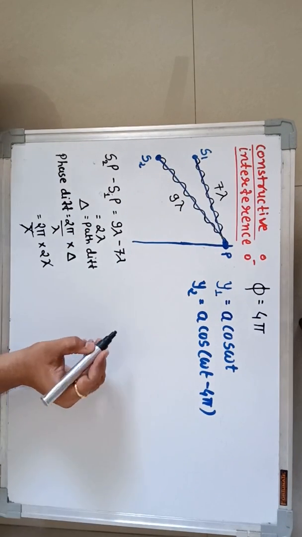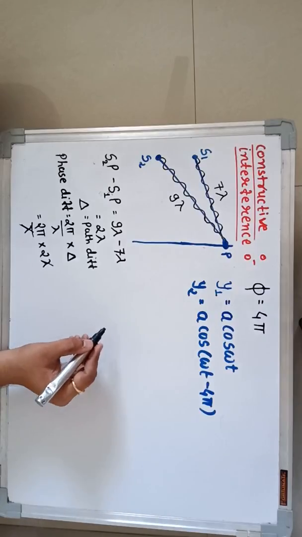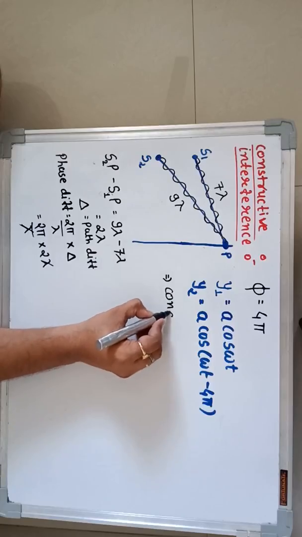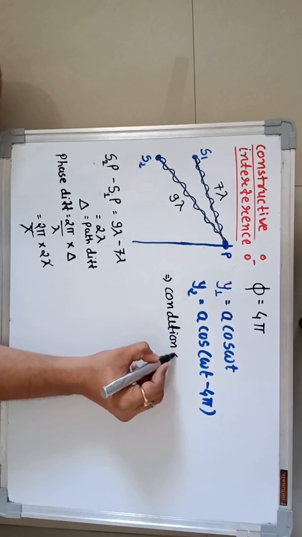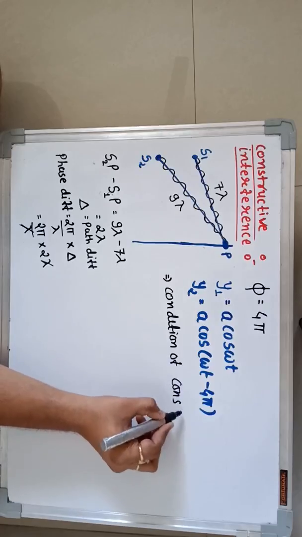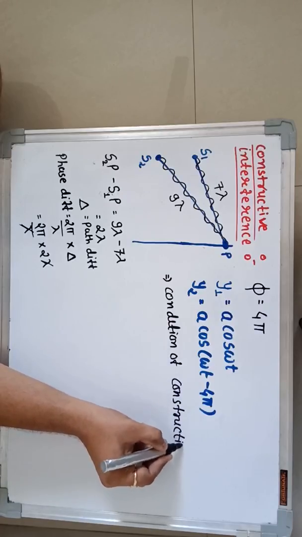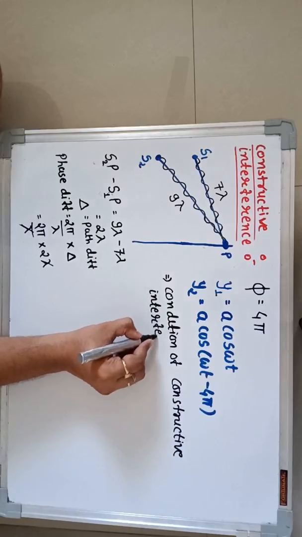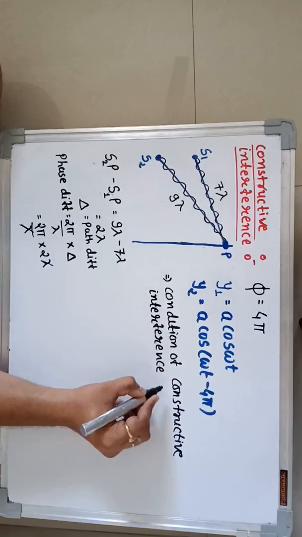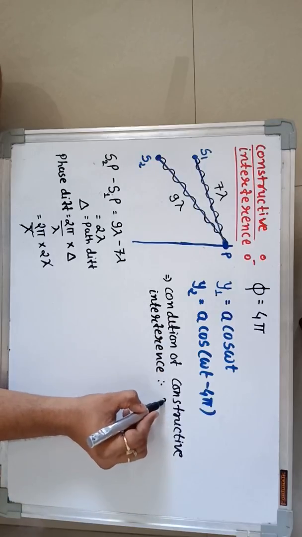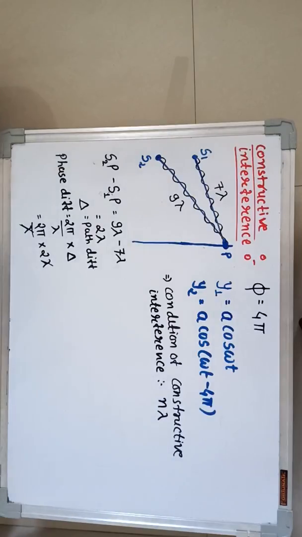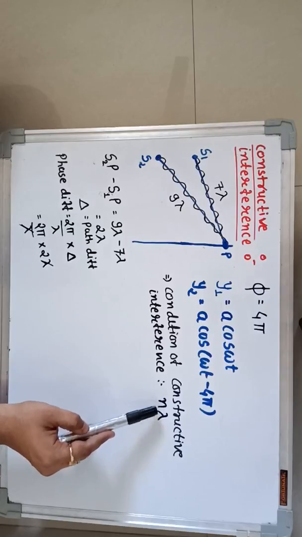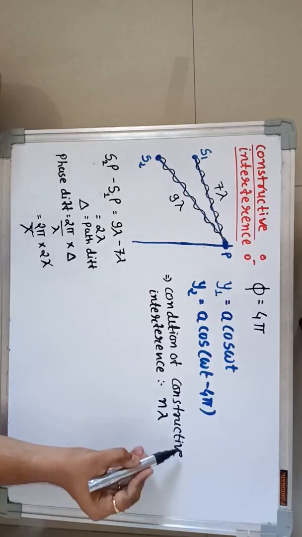For constructive interference, we have to decide the condition, and this condition gives n lambda. We take n equal to 1, 2, 3, 4 up to n.